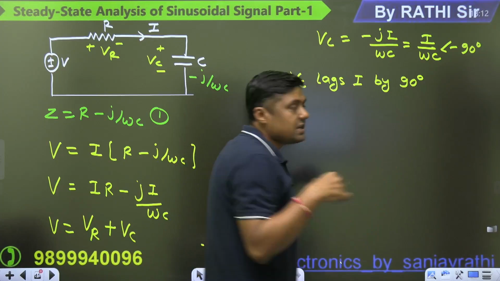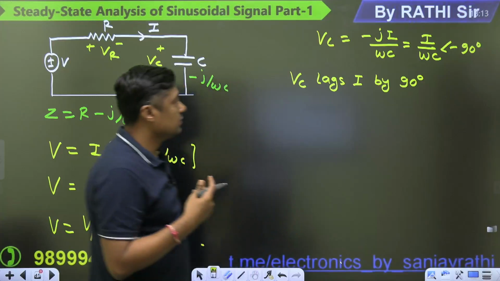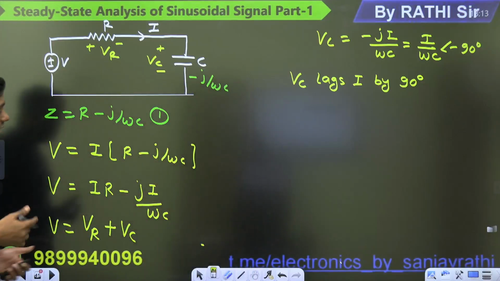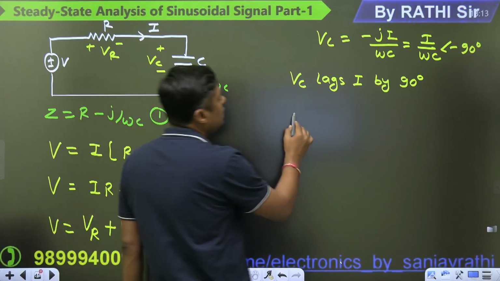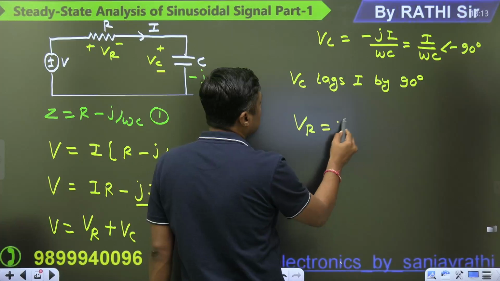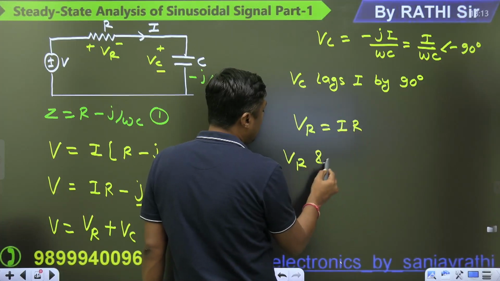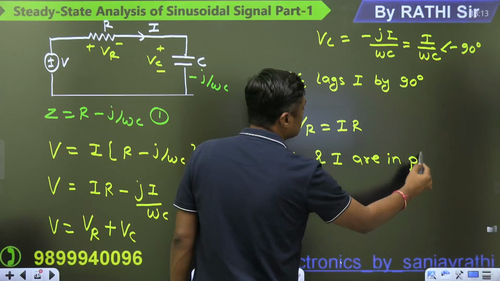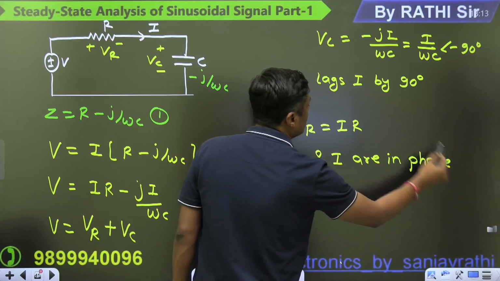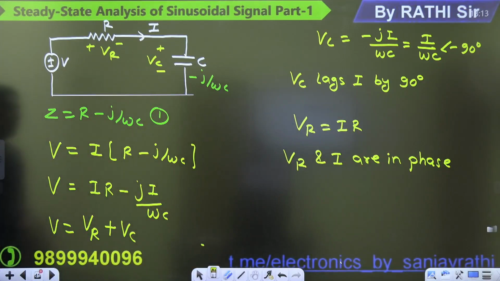The voltage across the capacitor lags the current by 90 degrees. And what about VR? VR is nothing but IR, so they are in the same phase. VR and I are in the same phase.